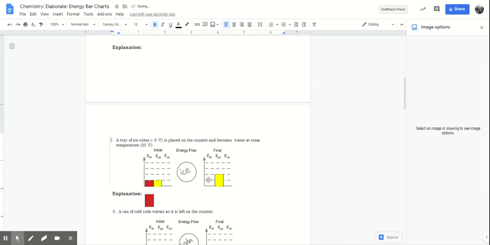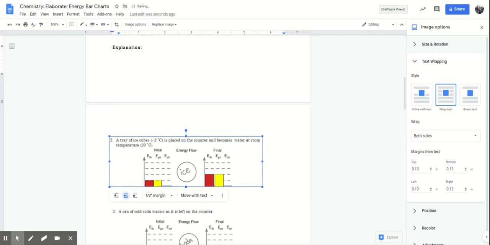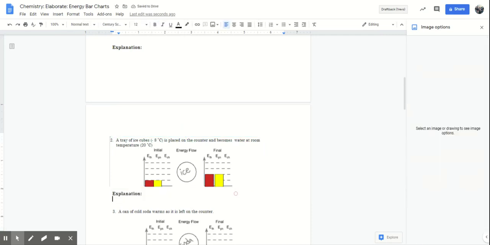And I think that the best way to do this is to write my explanation first and then to put in my Q values. So my explanation is going to be that initially I have 2Q, and in the end there are 4Q.